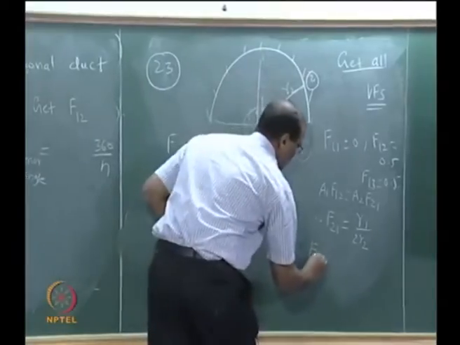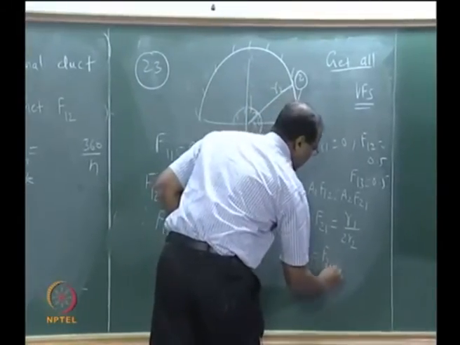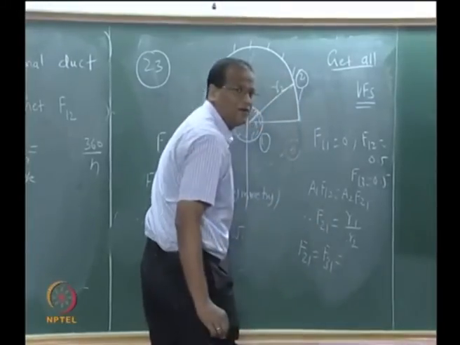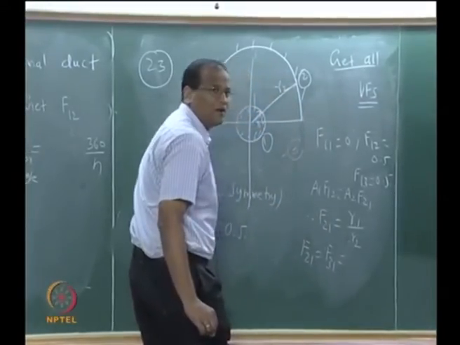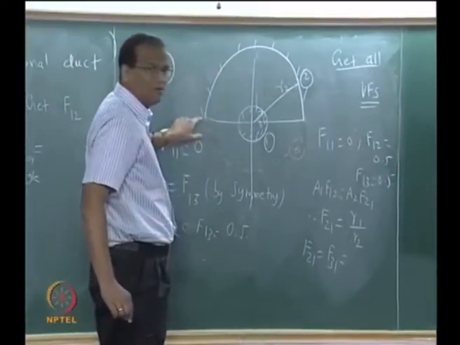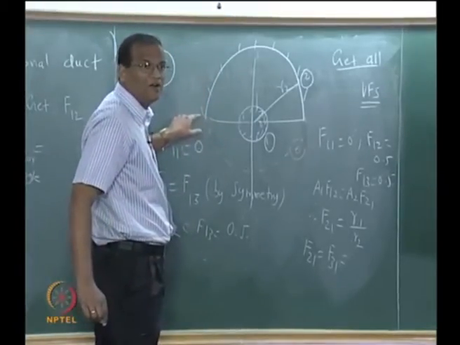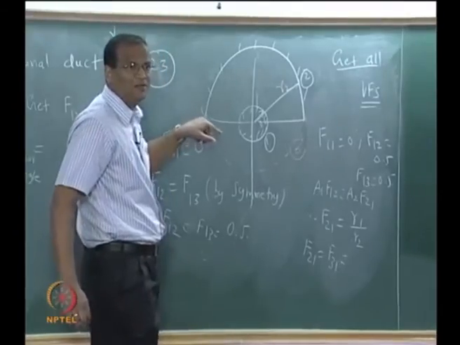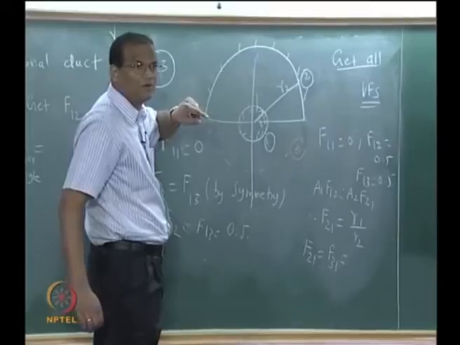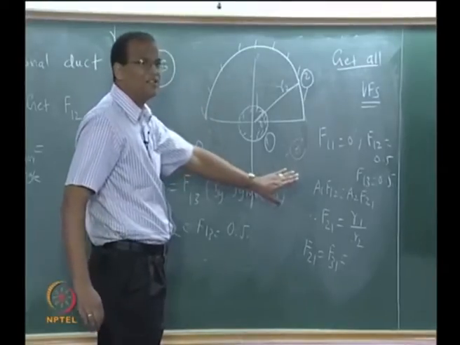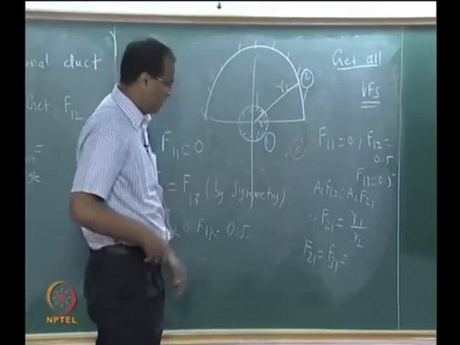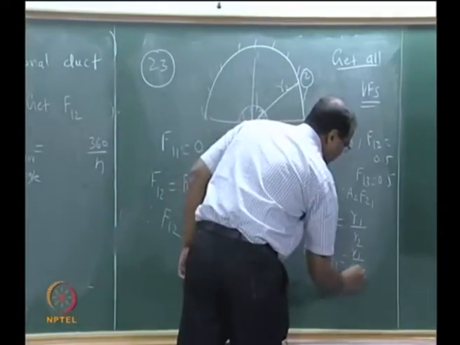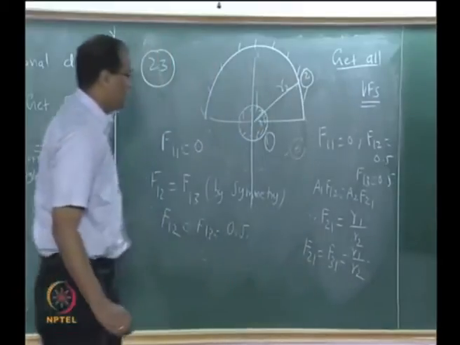Yes. Tell me correctly. Half will come, sir. Half the area will go in, and half the value. Why half the value? For one it is full, isn't it? 0.5 into 2 by R1, and the other. Okay, what is the final answer? R1 by R2. Okay. F21 equal to F31 equal to R1 by R2. Is it correct? Yes. Okay.